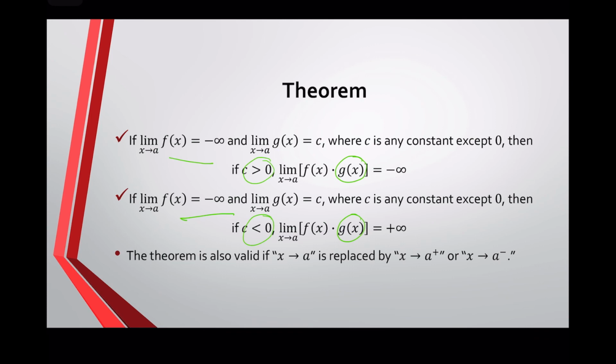Or again, in the context of operations on integers, in this case that would be negative infinity times g of x here, or that c, the limit of g of x, which is c, is positive. So negative times a positive would give us a negative. And in here, this one's negative and this one is still negative. That gives us a positive infinity here.